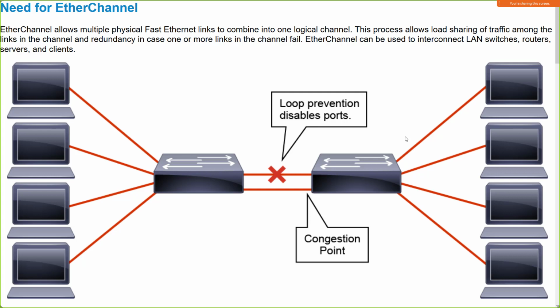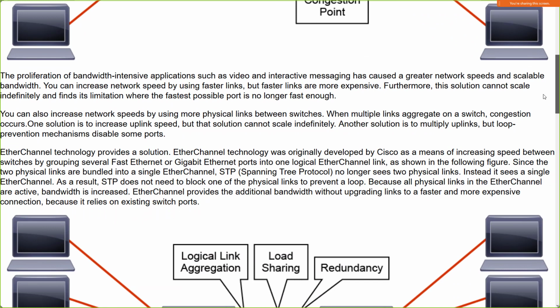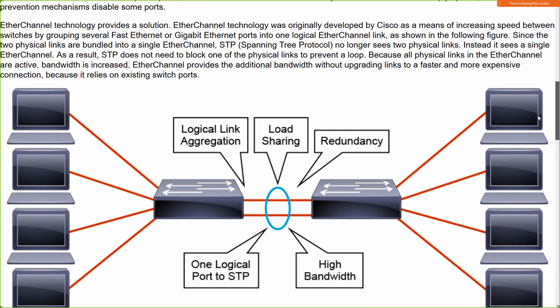What happens if that secondary link that's bonded in the Etherchannel fails? Well, I'm just back to the same link that I had before if I didn't bond them together and spanning tree disabled one of those ports. So it makes sense to go ahead and bond those links together to give us not only the redundancy, but also the throughput. And that's what we call Etherchannel.